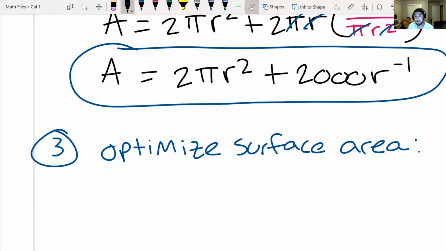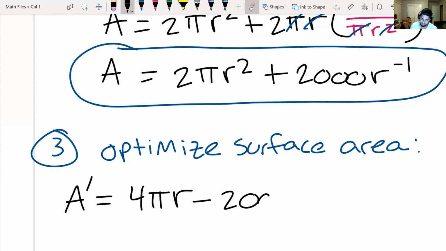I'm going to take the derivative of what we're looking at above, and of course, the derivative is going to be with respect to r, the variable that's there. So the derivative is going to be A prime equal to 4 pi r minus 2000 r to the negative 2.